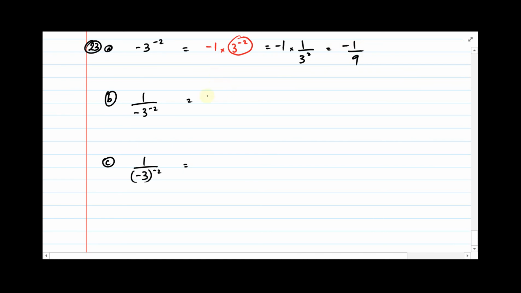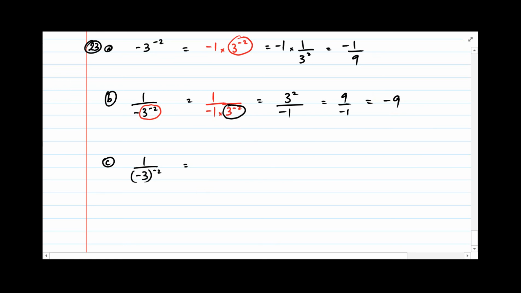The next one, part B, again, the power is only acting on the 3, so it's really me having 1 over negative 1 times 3 to the minus 2. So I'm going to move that 3 to the minus 2 to get a positive power. It becomes 3 squared over negative 1, which is 9 over negative 1, or negative 9.